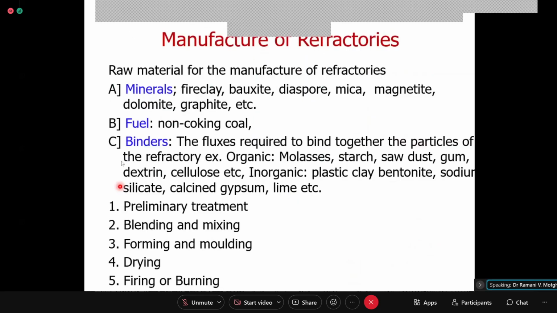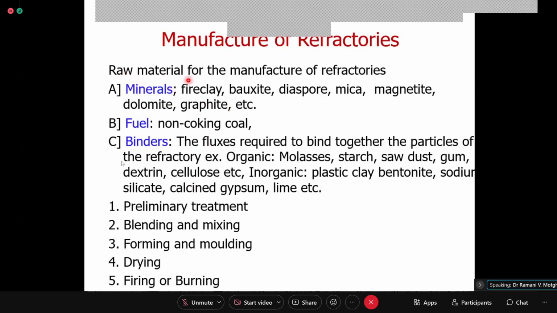Okay, now an important part: the manufacture of refractories. Every refractory has a different manufacturing process. Here we are discussing a general manufacturing process. For a specific refractory, some of the steps may change slightly, but overall the steps are the same.